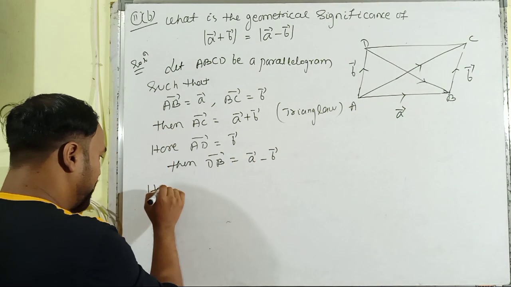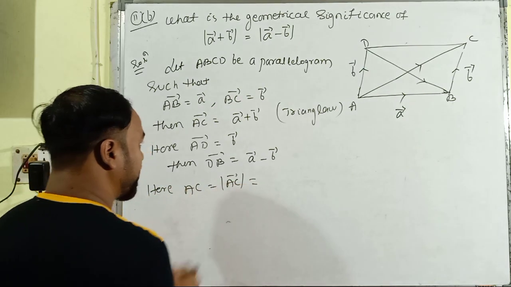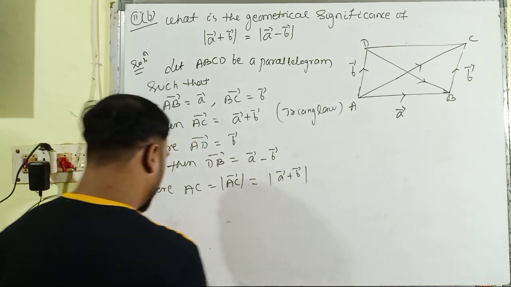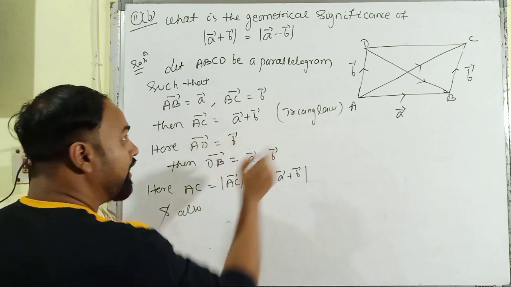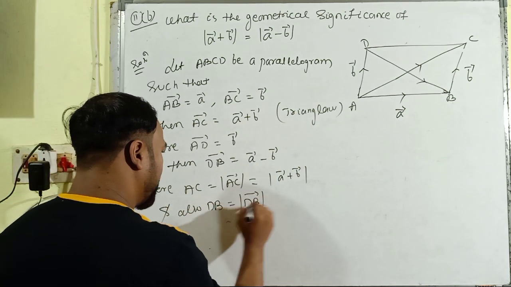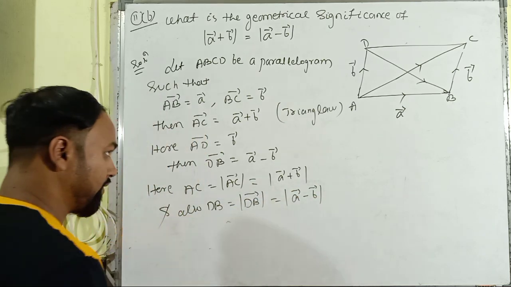So here AC is equal to the magnitude of AC vector, that means magnitude of a vector plus b vector. Similarly, DB is equal to the magnitude of DB vector, and that is equal to magnitude of a vector minus b vector.